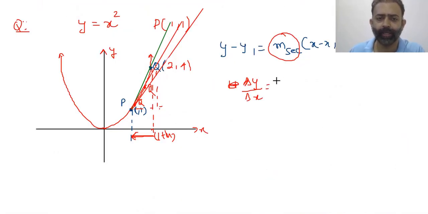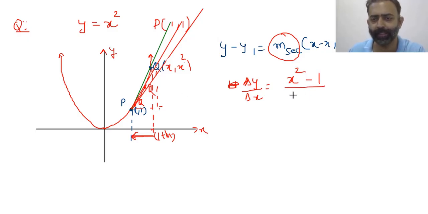So delta y is x square. Let us take this as a general point, not 2, 4. Let us take this as x and x square. Any general point x, and the value of the y coordinate at x is x square. So change in y is whatever the y coordinate at point Q is, x square, minus the y coordinate at point 1, which is 1. So change in y is x square minus 1.